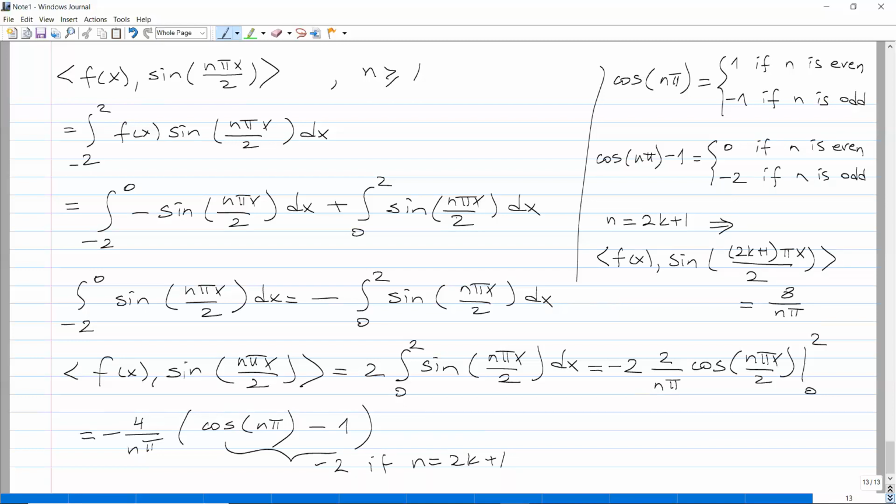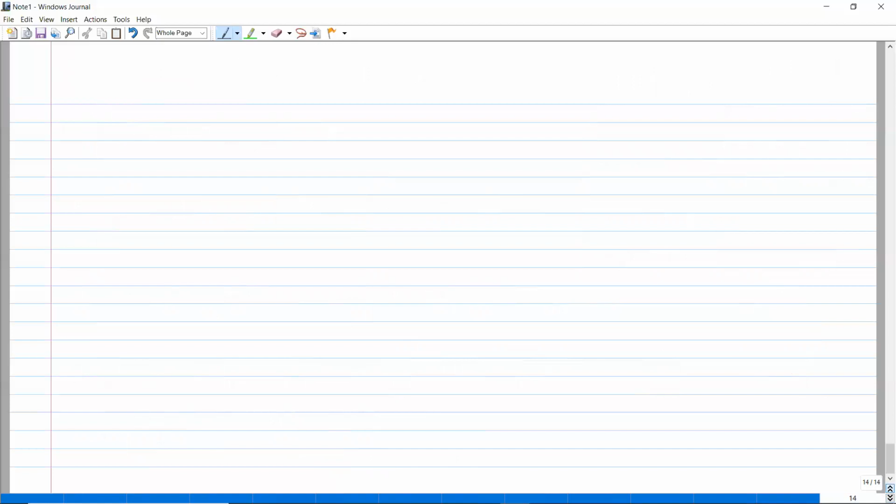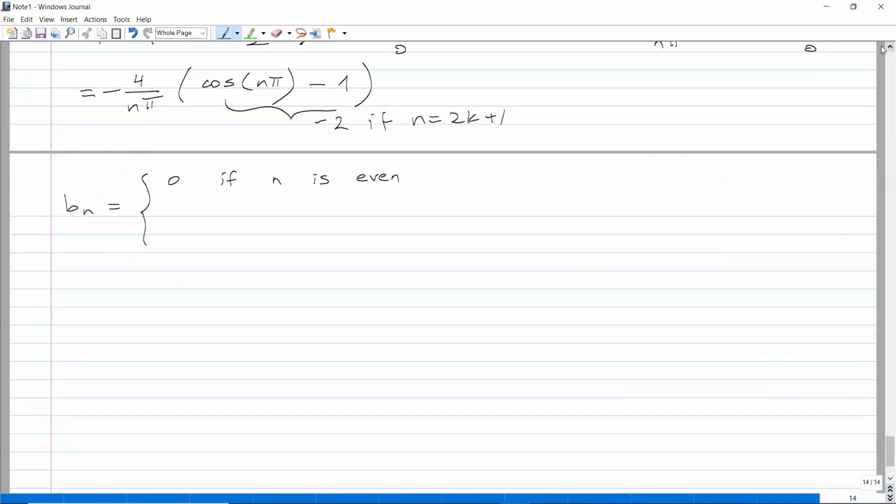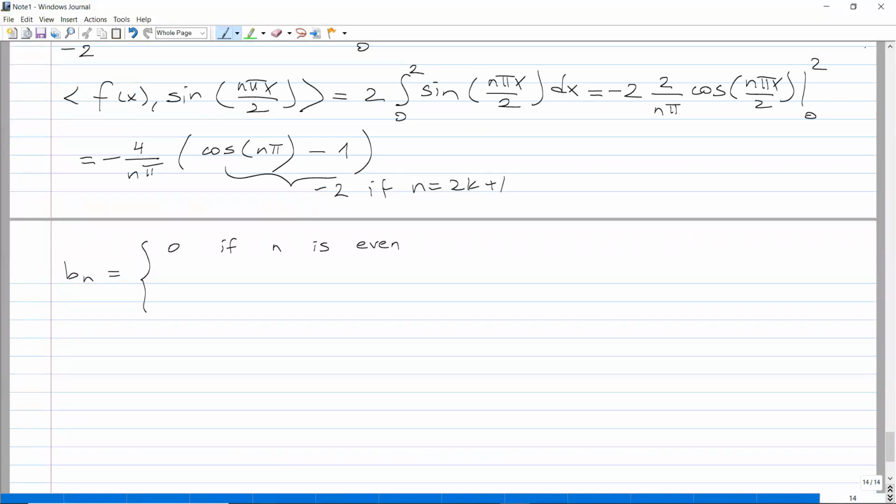So the coefficient b_n is going to be 0 if n is even. And remember, for b_n, we take 1 over L times the inner product, so it is 1/2 of this inner product. So instead of 8, we have 4 over n pi if n is odd.